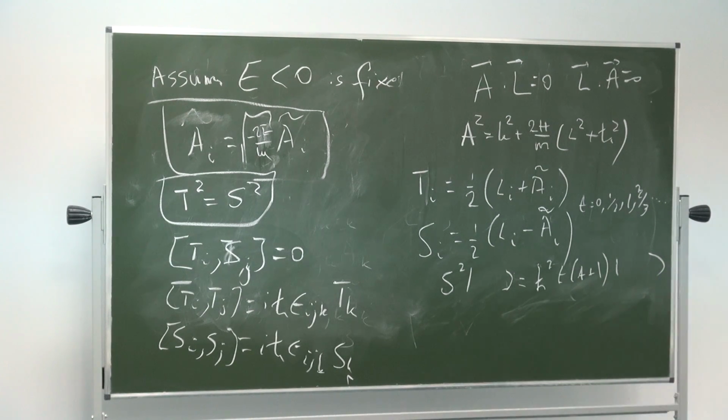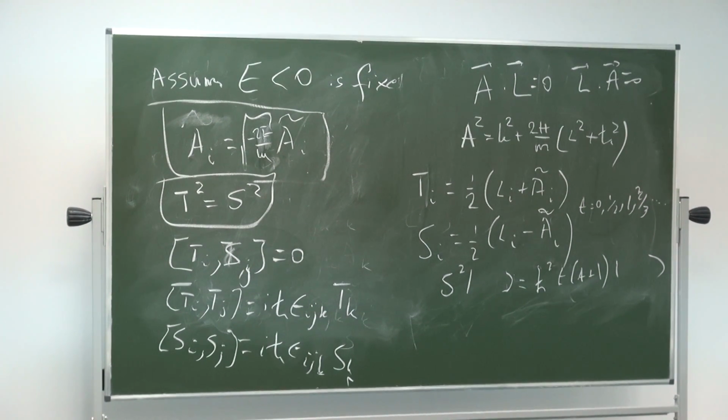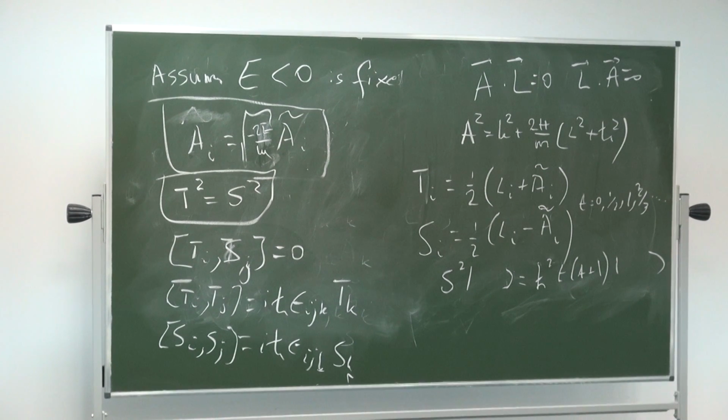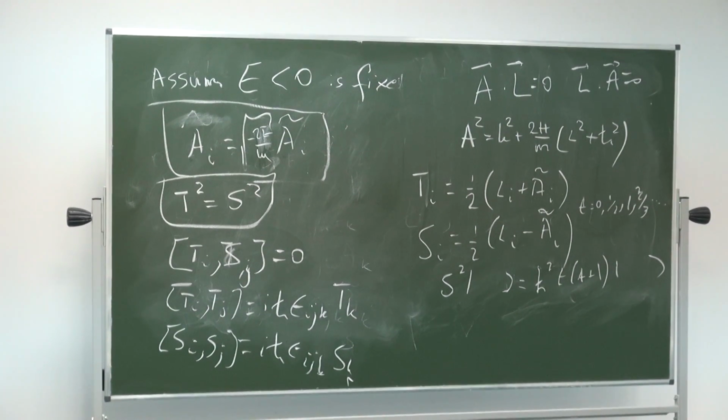Yes? Because the S vector is an angular momentum vector from the point of view of commutators, and we derive this property of L squared only using the commutation relations.